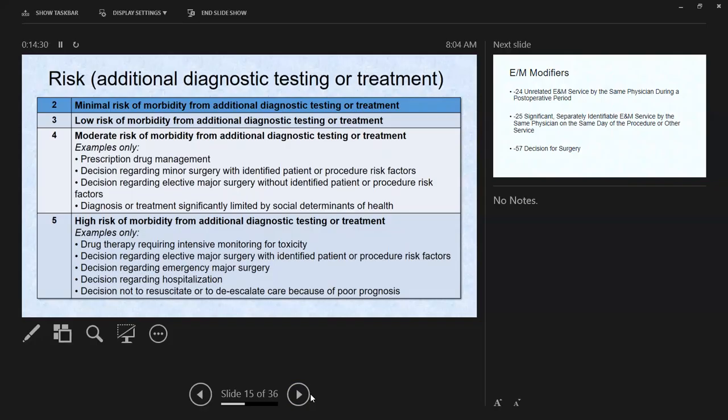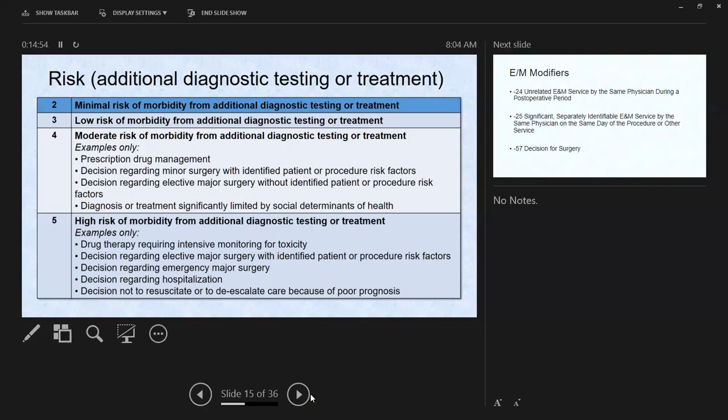Moderate risk, for example, prescription drug management, or a decision to perform a minor surgery with identified patient risk factors. So if the patient is at higher risk than usual for a minor surgery, that makes them a level 4. Decision regarding elective major surgery without significant additional risks. So a healthy patient undergoing a major surgery is going to be a level 4.